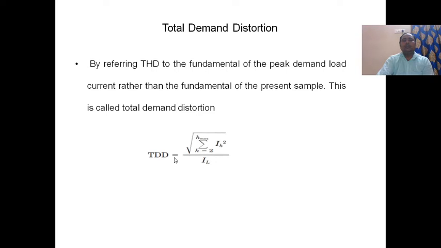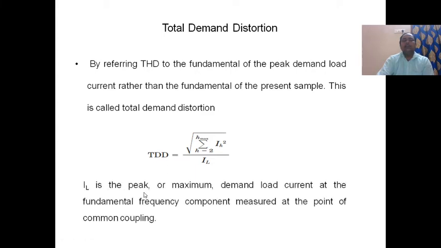The total demand distortion is equal to the square root of the sum of I_h squared up to h maximum, divided by I_L. I_L is the peak or maximum demand load current at the fundamental frequency component measured at the point of common coupling. Point of common coupling is nothing but PCC.